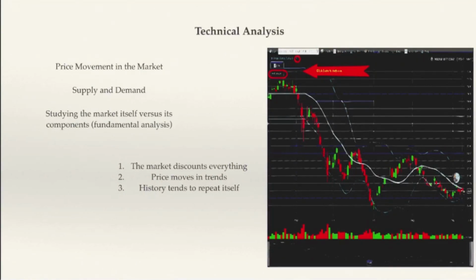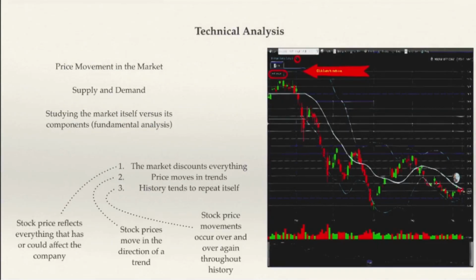The reason for this is that technicians assume that at any given time, a stock's price reflects everything that has or could affect the company, including the fundamental factors. They believe that the company's fundamentals, as well as market psychology, are priced into the stock. Therefore, there's no need to analyze the company itself.